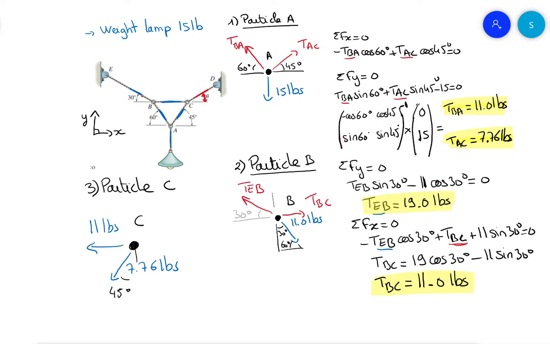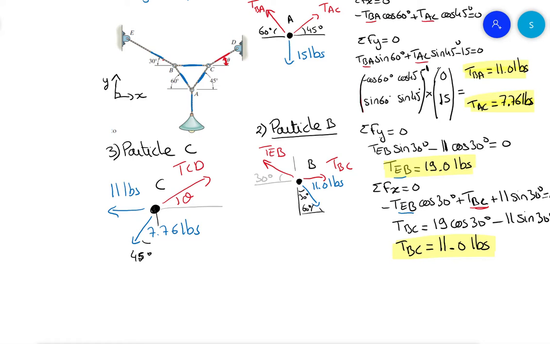Here we go. And the force that we don't know is TCD, and we don't know the angle theta. Okay, so we need to write the two equations on X and Y, and you will see what we will have.